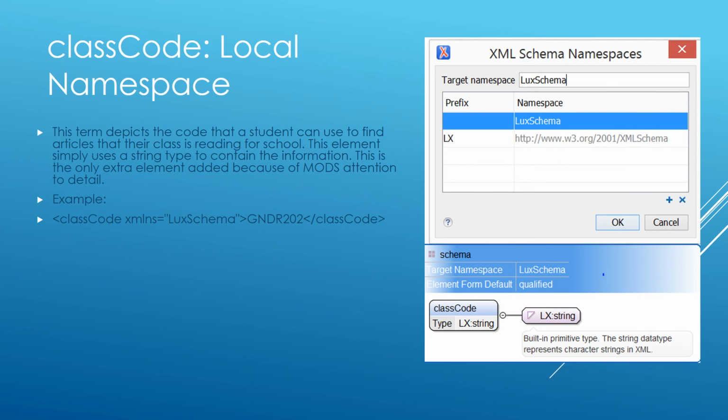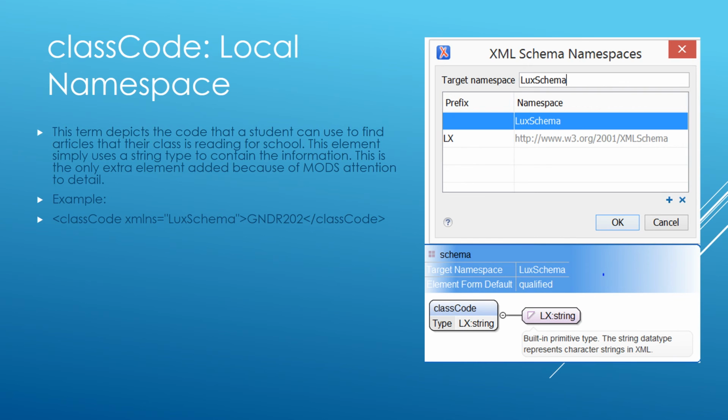So it's the class code that you would sign up for that just identifies your class. I figured it would be neat if a teacher could associate their class with a particular article in the database, to make it easier to find.